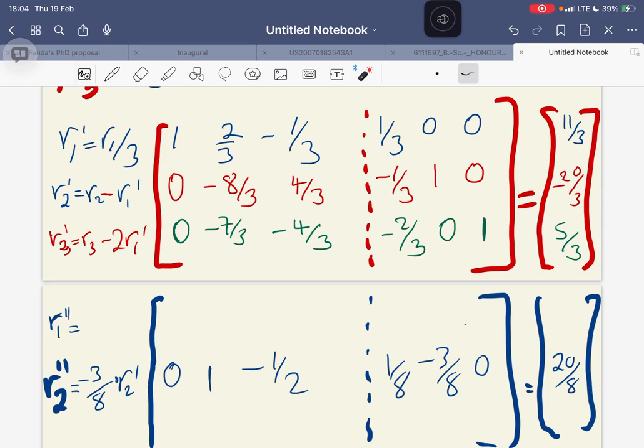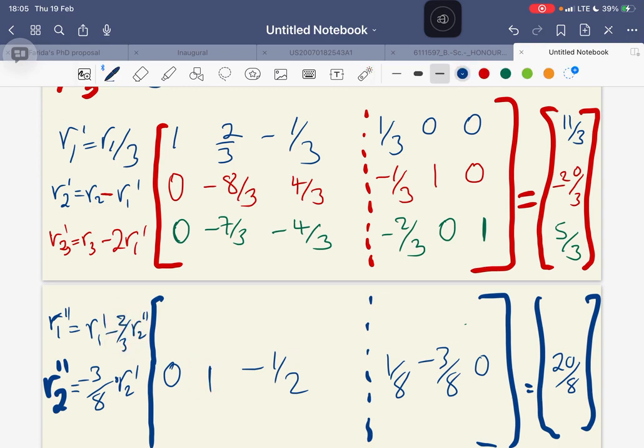So the right thing we will do there is to say that we have our row 1 prime minus 2 over 3 row 2 double prime. This is because row 2 double prime here is 1. So if we multiply it with 2 over 3, this place will be 2 over 3. So we now say R1, which is 2 over 3 minus 2 over 3 times 1 is 0. So this place definitely is going to be 0.